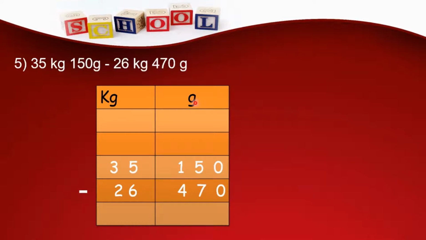Now here as you can see in the grams column, we have to subtract 470 from 150. 470 is bigger than 150, so we will borrow 1 kilogram from the kilograms column.